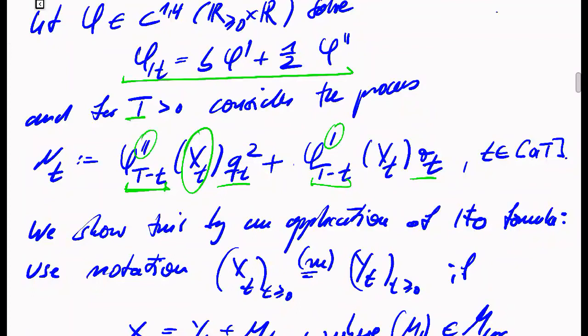So here, our first martingale that we want to consider is the second order derivative in space of the phi function evaluated at time capital T minus t, where now the little t is the running time parameter.